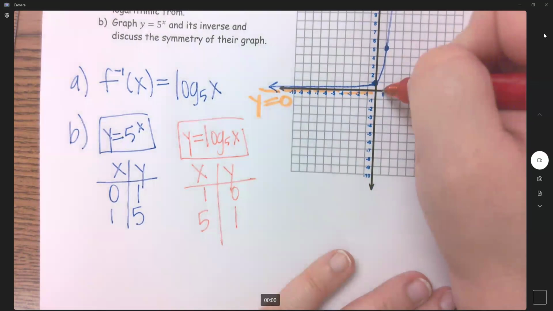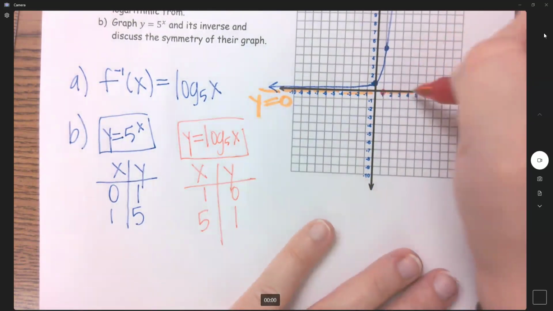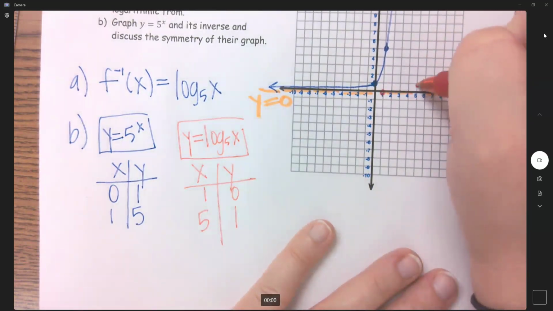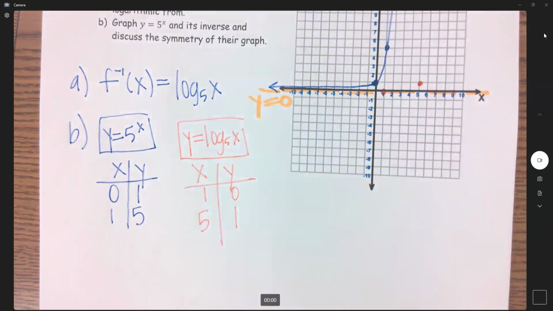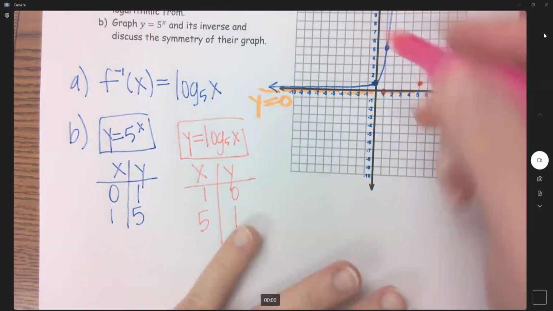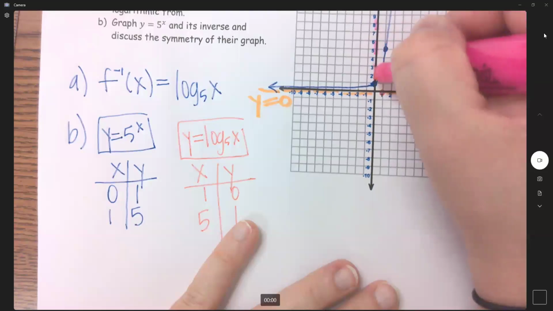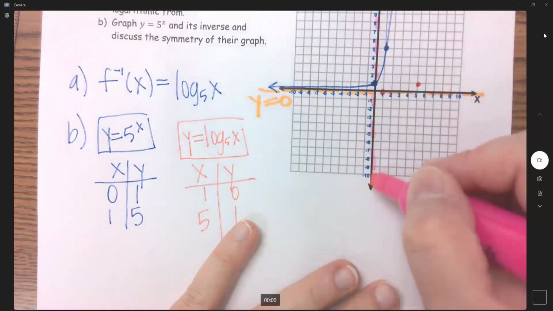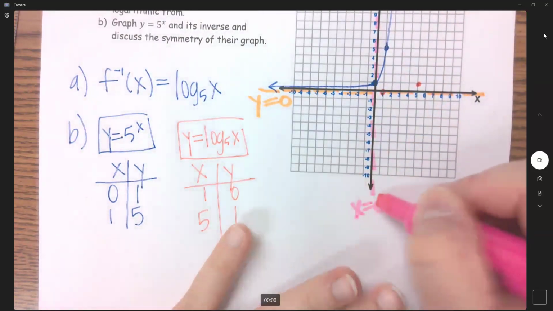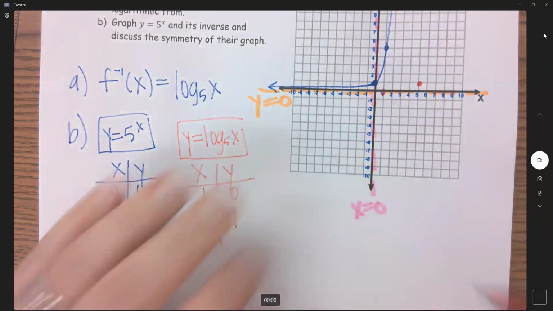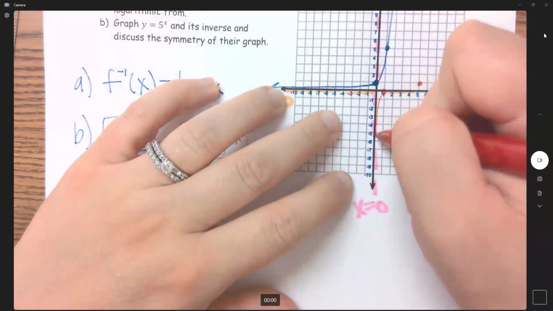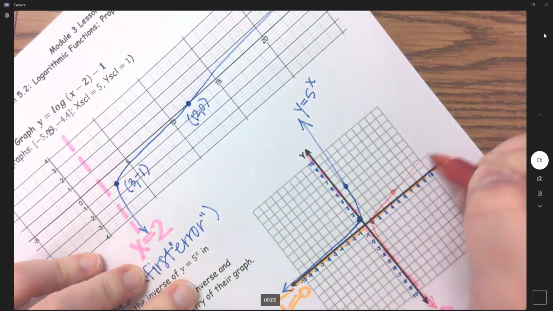So I'm going to plot these. And this one we need to remember has a vertical asymptote right here at x equals 0. So this one is not going to cross the y-axis.